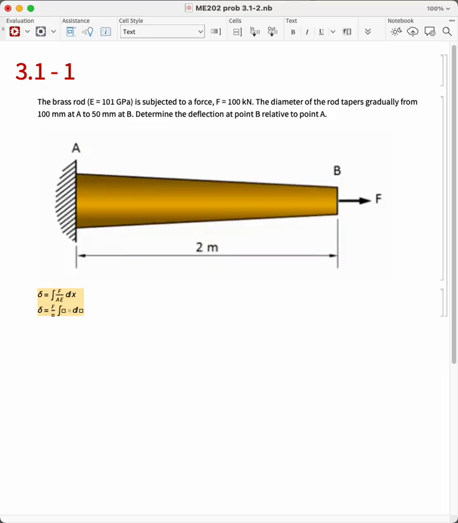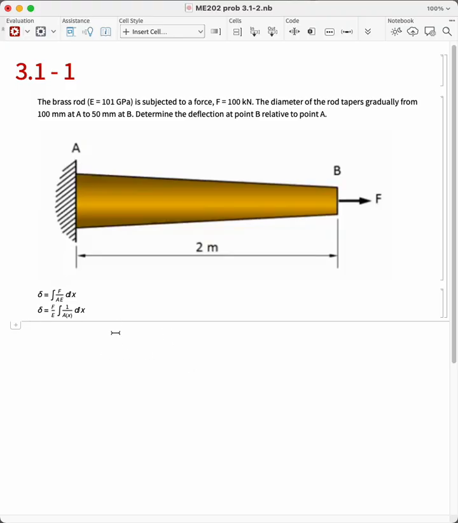So this is going to be F divided by E times the integral of 1 over A dx, like that. And A is a function of x, right? So we've got to be able to find out what that function is.